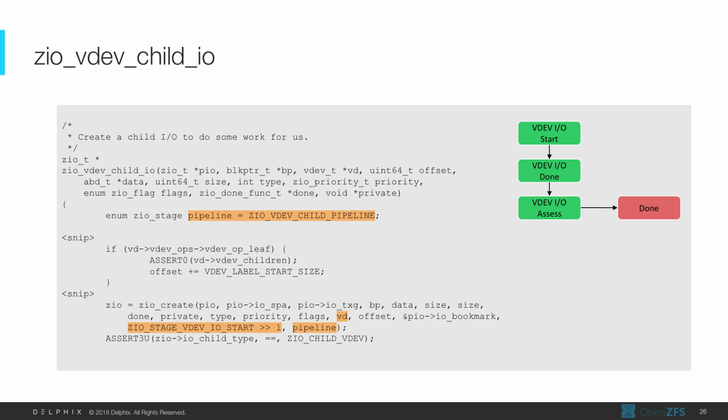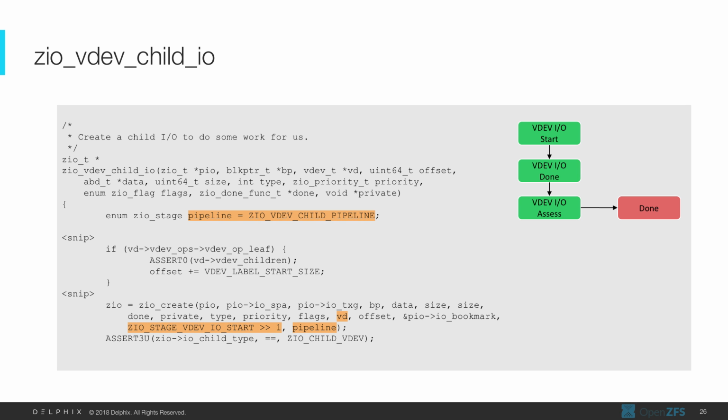So this is another part of the pipeline that has a kind of sub-pipeline, if you will. ZIO VDEV child IO has this thing called VDEV child pipeline, which looks like this little piece on the right-hand side. It's just the IO stages that are going to VDEV and the done callback, and that's it.